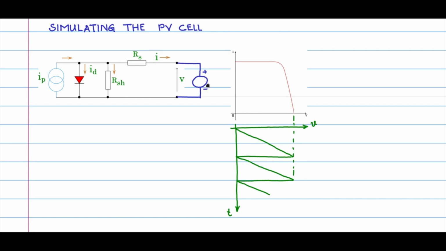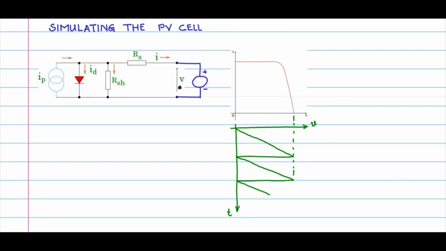So normally we will use a sinusoidal voltage source here because that is easy to make and easy to implement. And even in the simulation, we can try putting a sinusoidal voltage source here and see the performance of this model and obtain the IV characteristic curve.